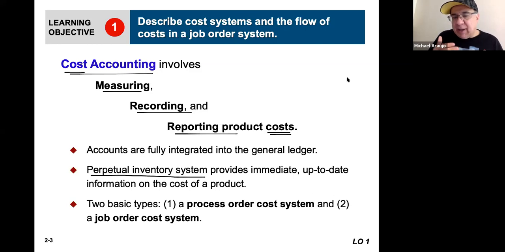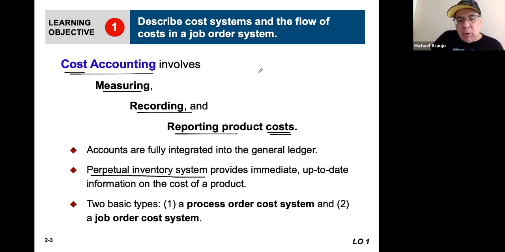Everything that happens is recorded as it's happening, so it's very up-to-date information on how things are going. The other inventory system you might recall is called the periodic inventory system. That's because the company stops at a particular period of time, be it a week or a month or what have you, and calculates costs at that point in time.